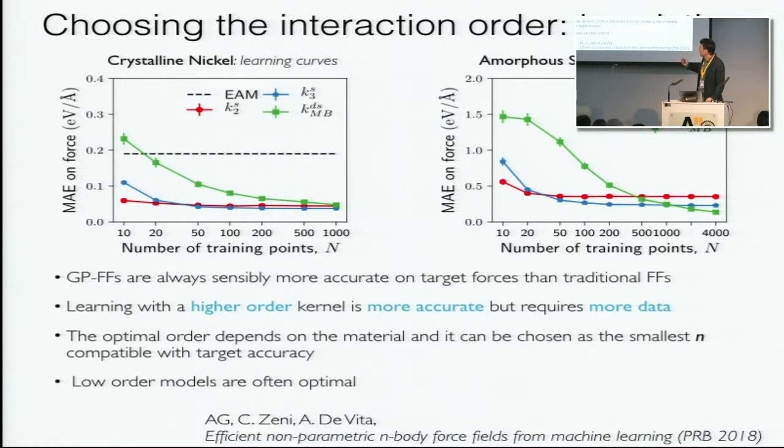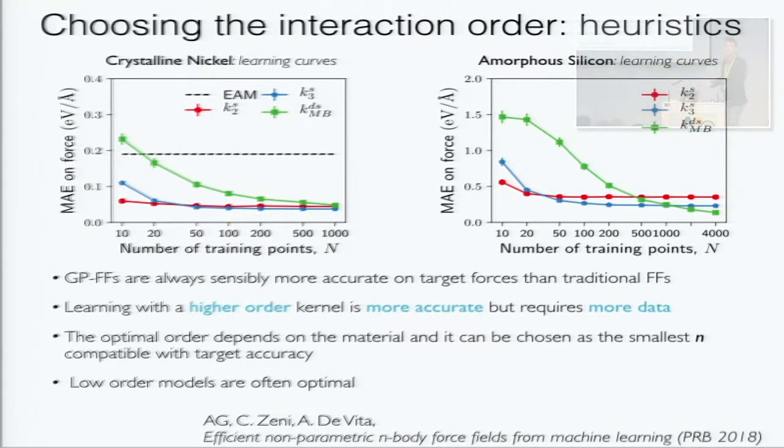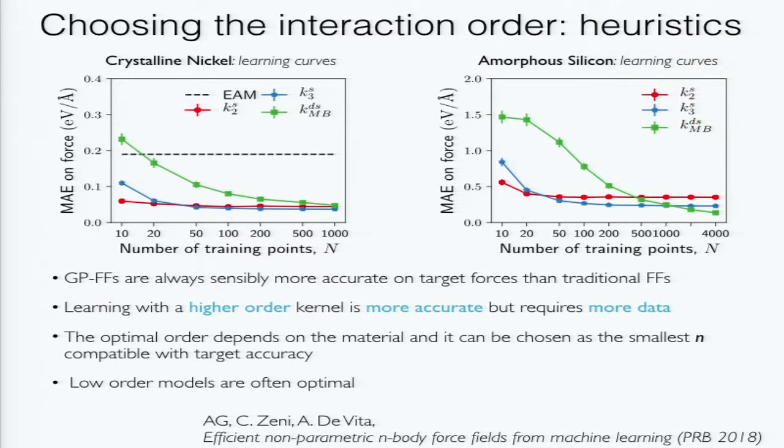In crystalline nickel, on your left, we see that the two-body kernel in red reaches an accuracy, so the error is low, with very, very few training points. And this accuracy is reached by the many-body kernel, which is more complex, only, for example, at 1,000 data points, where the two-body reaches it at 50. So in this case, obviously, you want to use the two-body kernel to describe this system.